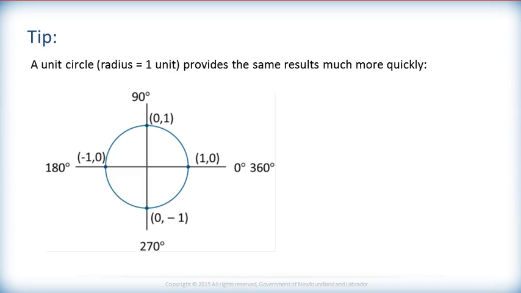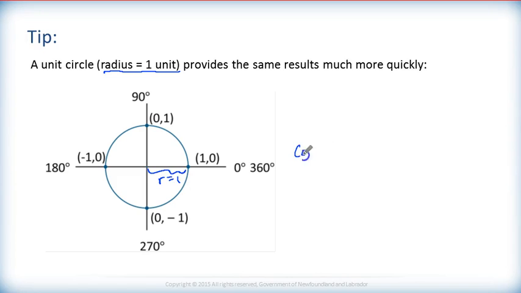Here's a little tip. We can get the same results if we use a simpler circle of radius 1 unit. It's called the unit circle. So for example, at the 0 or 360 degree angle, the point on the terminal arm would be at (1, 0) because the radius is only equal to 1.